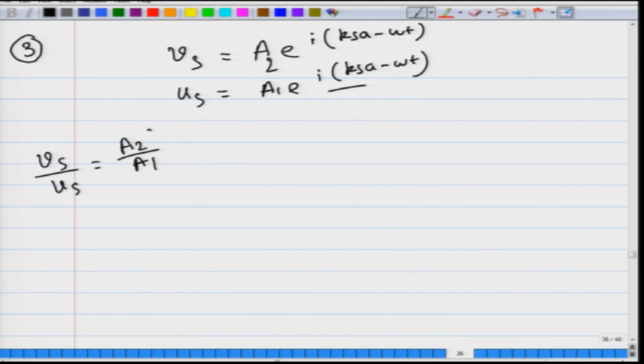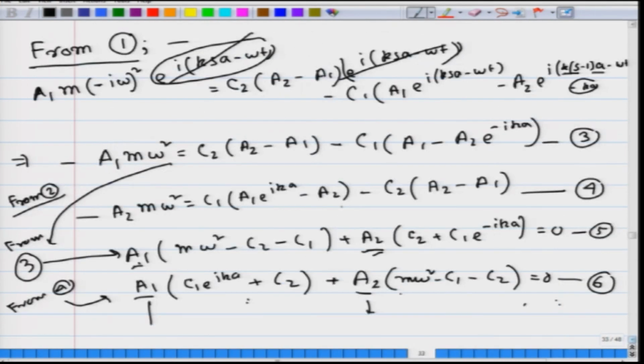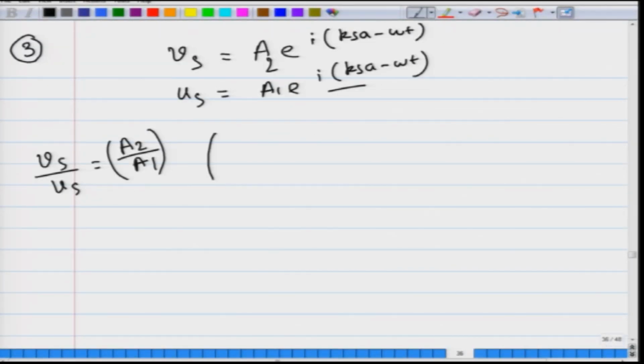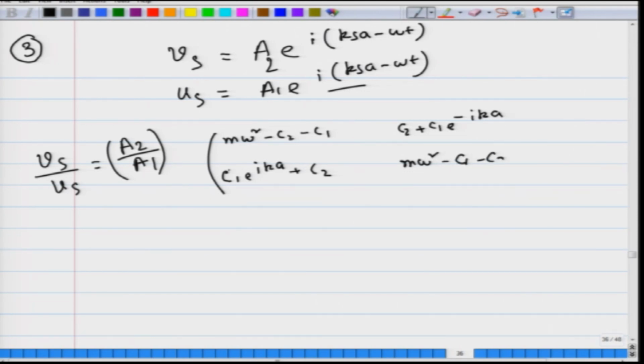So, the eigenvalue equation, now for the previous problem we saw that these two equations, this 5 and this 6, if we write this in matrix form, we will get m omega square minus C2 minus C1, C2 plus C1 e to the power minus i k a, and C1 e to the power i k a plus C2, and here m omega square minus C1 minus C2, into A1 by A2 will be 0.